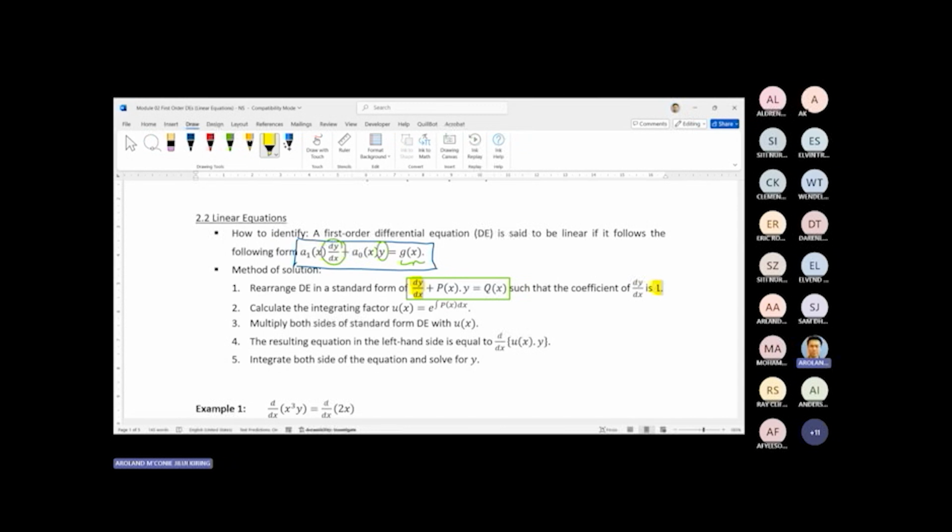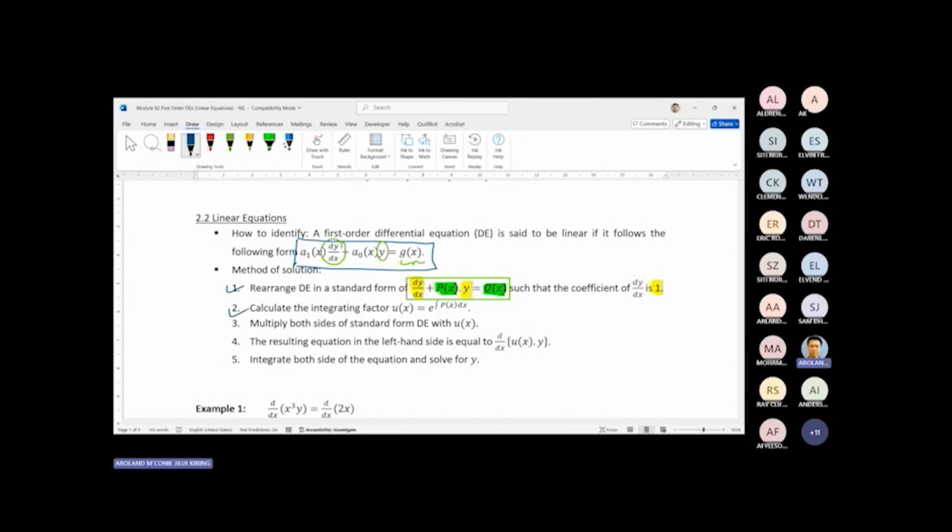In front of your y, you can have any type of function, represented by p(x), and q(x) can represent any type of function. But the dy over dx and the y must exist in your equation. So that's the first step.